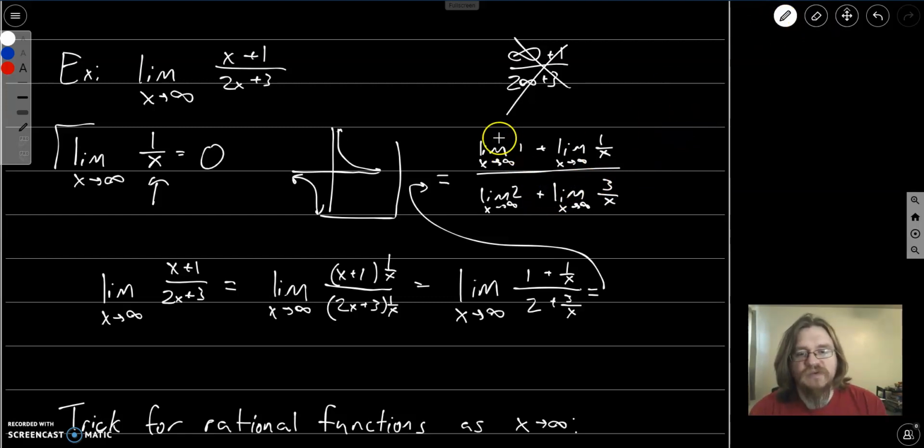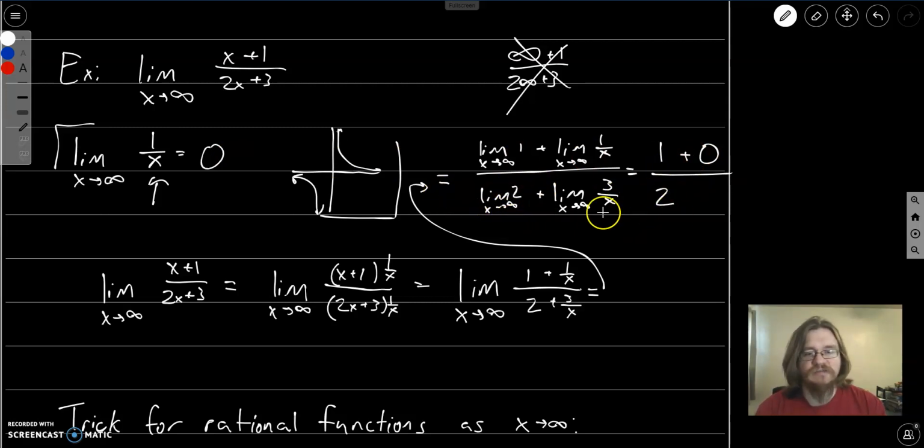So I have the limit as x approaches infinity of 1. Well, 1 is a constant function. It never changes height. So even as x gets really big, the limit is still 1. The limit as x approaches infinity of 1 over x, we just said that this is 0. The limit as x approaches infinity of 2, again, 2 is a constant function.